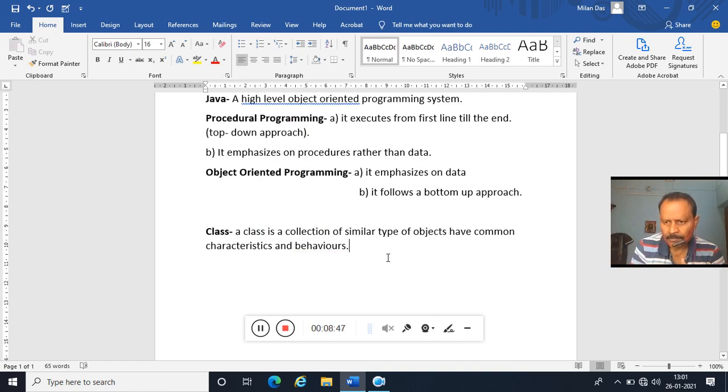Now, let us take an example of this. Think of dogs. Dog is a particular kind of animal, and there are different breeds of dogs. And every dog has certain properties. They have a certain color, a certain face design, a certain length of hair, a certain length of tail, and certain things.